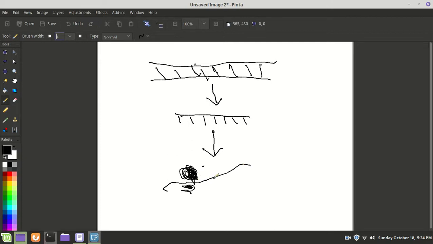When these two pieces attach, they read that RNA and produce an amino acid sequence. All these little pieces are amino acids, and they're all attached.